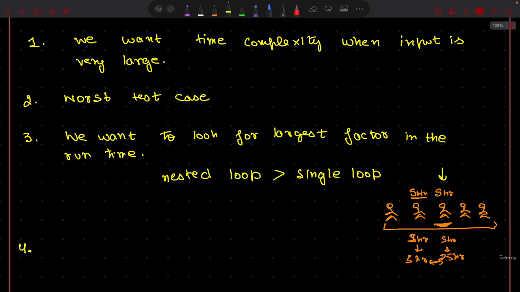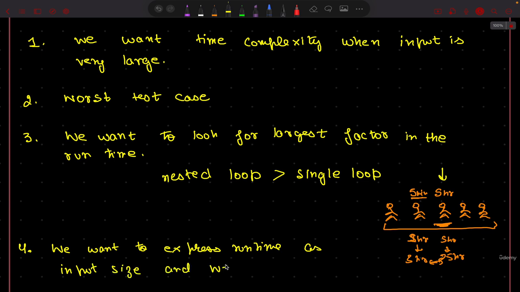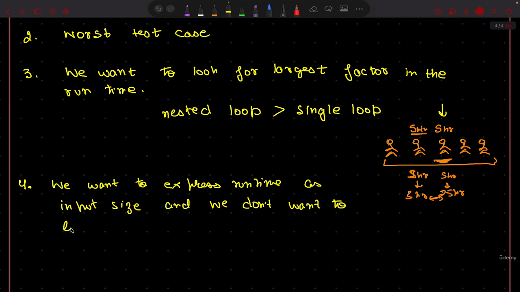The last point is that we want to express runtime as input size, and we don't want to look for precision.